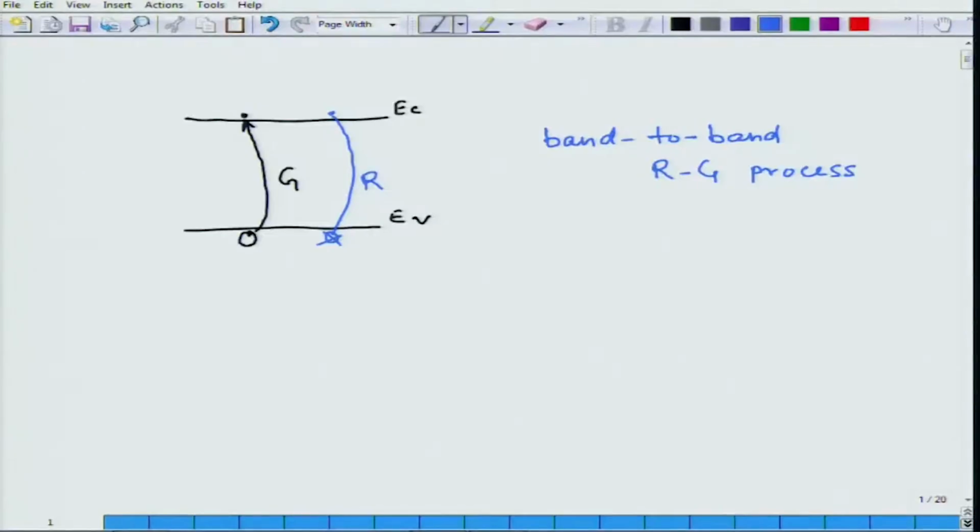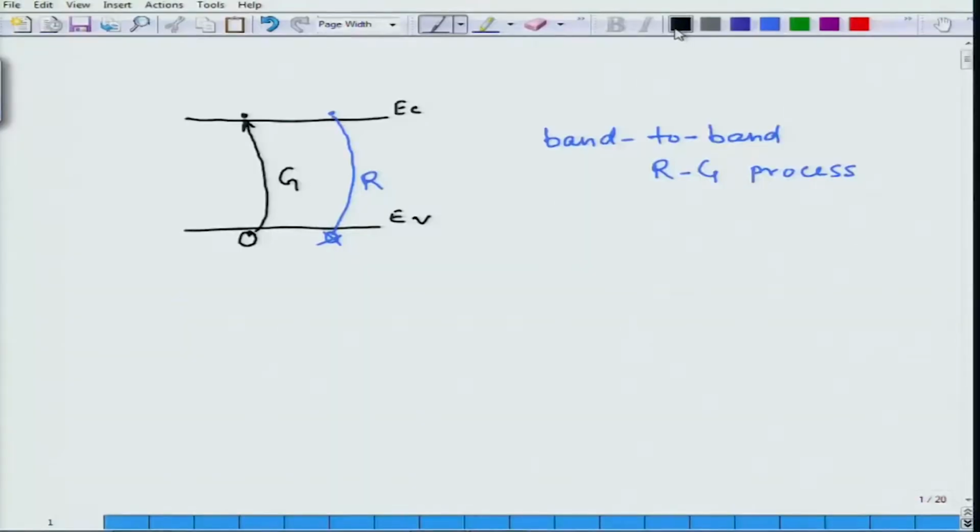There are many more ways of doing it, and today's lecture is about different ways of having recombination generation processes. So, today we are going to talk about different processes for different RG processes that are different from band to band transition.